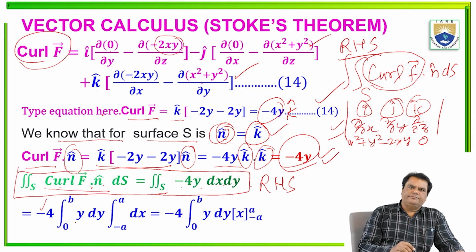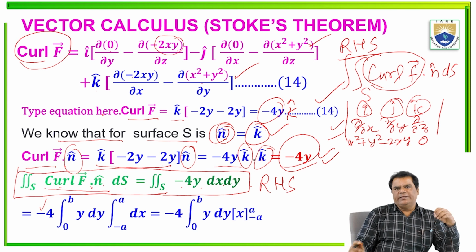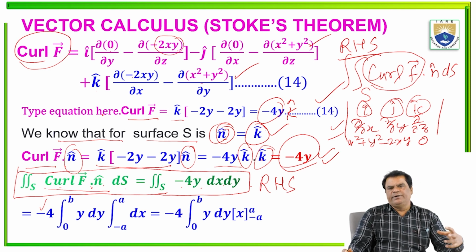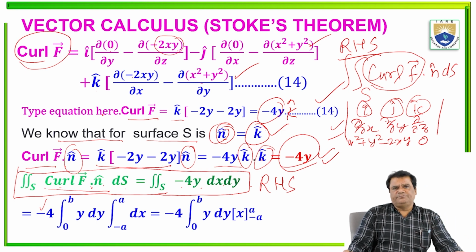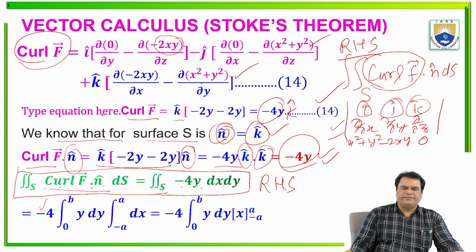So integrating this result, minus 4 taking common. Basically we check the limits. y goes from 0 to b and x goes from minus a to a. We have already applied the limits. If we want to integrate y, then apply the limit 0 to b, and integrate x, then apply the limit minus a to a. So here minus 4 y dy is constant.